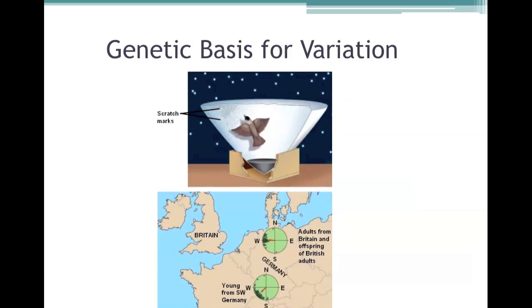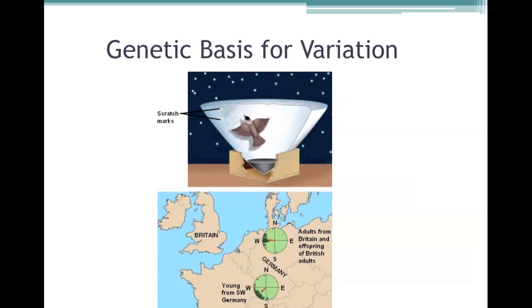Now that they were living in Germany, would they still want to move westerly to Britain or southwesterly? They put these blackcaps into basically a funnel, and they wanted to observe their migratory restlessness. Remember, that's when they're stuck in a cage, they want to move, and they wanted to see which direction they would head in.